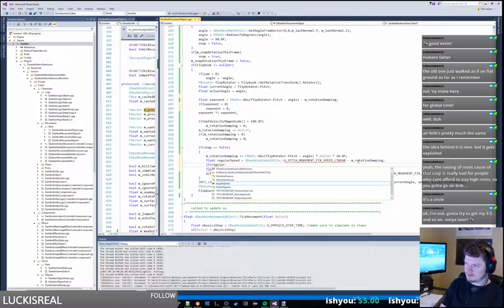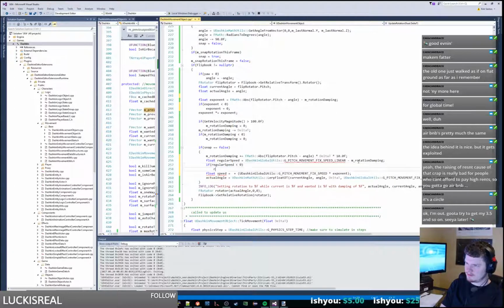If regular speed is less than 0, regular speed equals 0, and then we'll do that. So we need this linear speed over here.